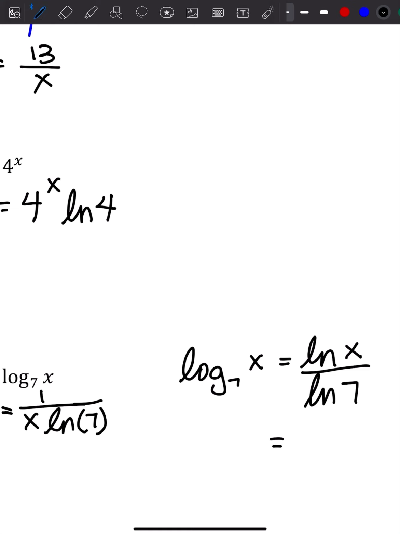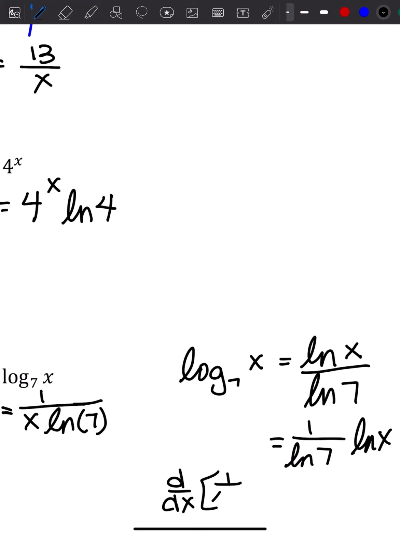Because I can rewrite this as 1 over the natural log of 7 times the natural log of x, and I can take the derivative. Well, 1 over the natural log of 7 is just a number, so this is a constant, and a constant times the derivative of natural log would be 1 over x. So if I wanted to take the derivative of this, it would look like 1 over natural log of 7 times 1 over x.